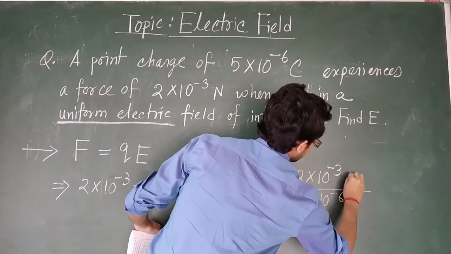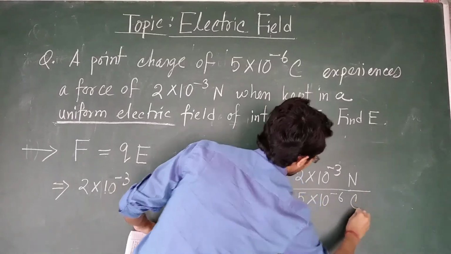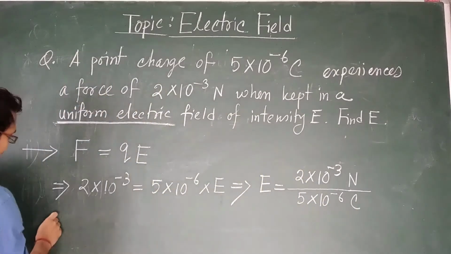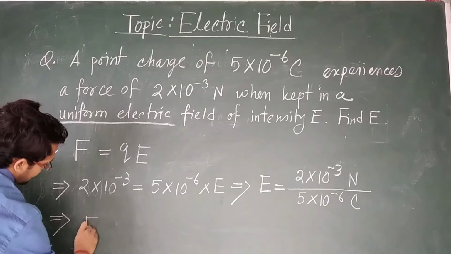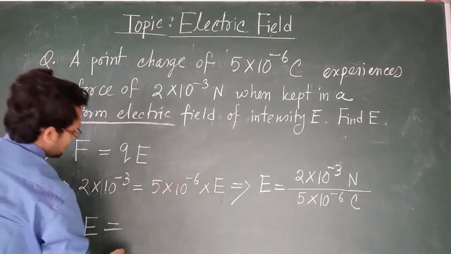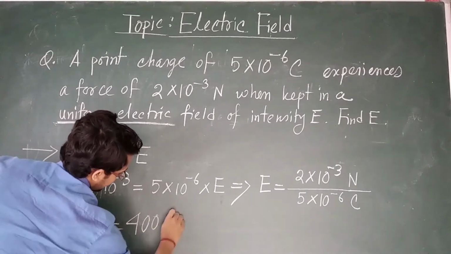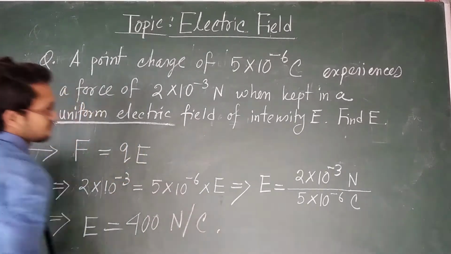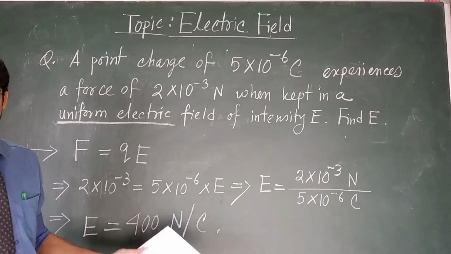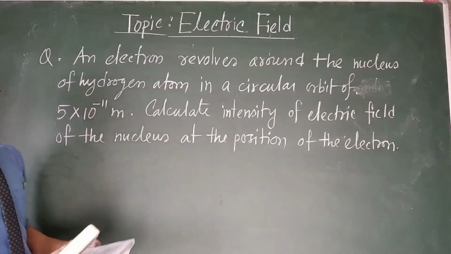What will be its unit? This is Newton and this is Coulomb. So E will be equal to 400 Newton per Coulomb. Very easy problem.